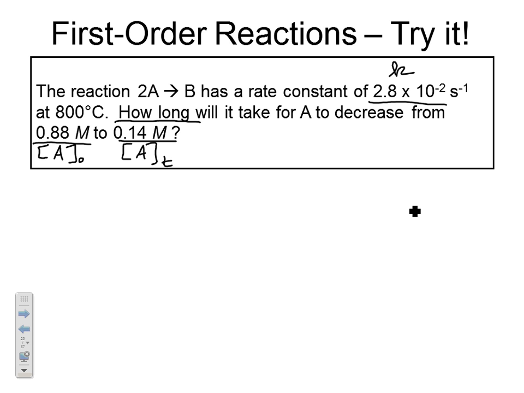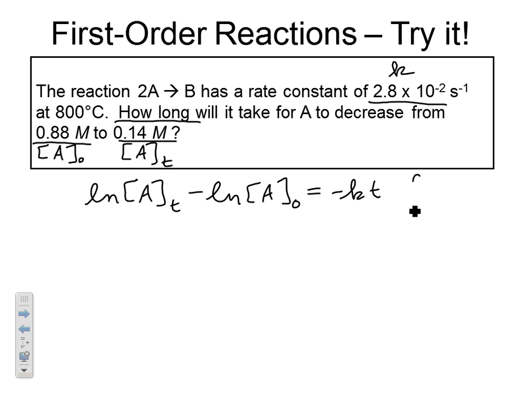Now, we have this equation from our reference table: natural log of A at time t minus natural log of A at time 0 is equal to minus kt. But this is true for first order.